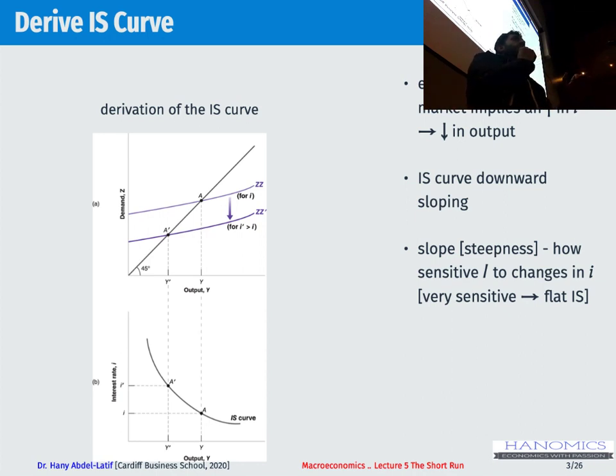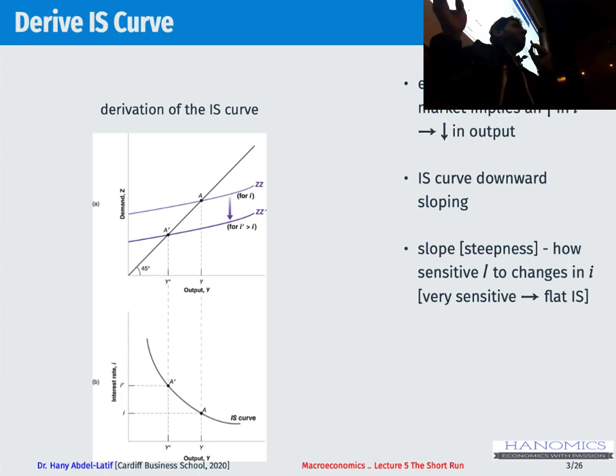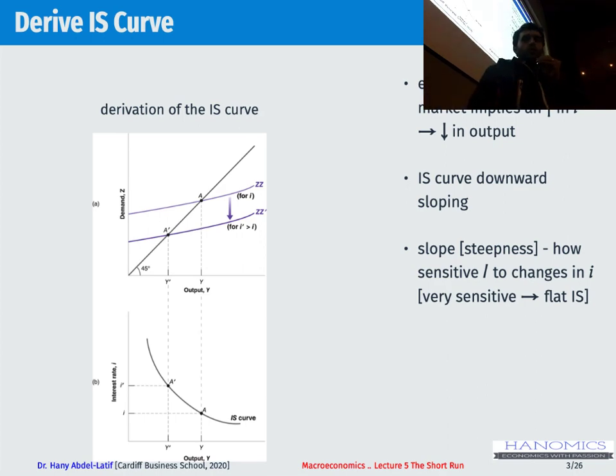Anything that raises aggregate demand will shift the IS curve to the right. Anything that would lower aggregate demand will shift the IS curve to the left.